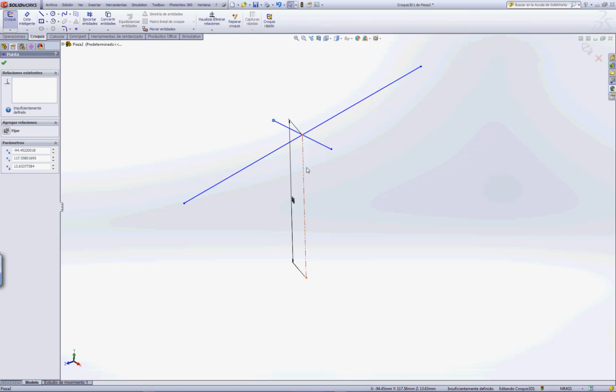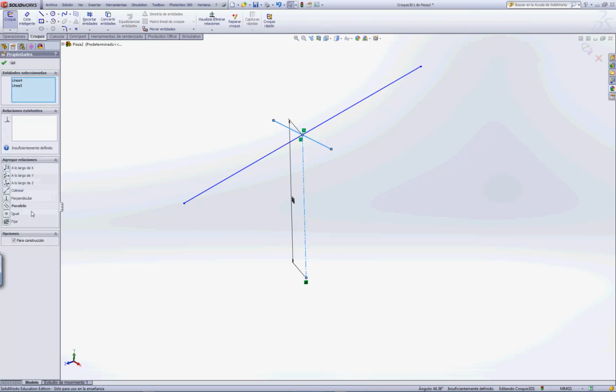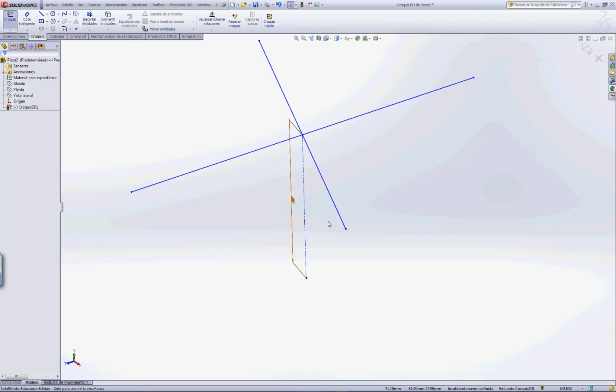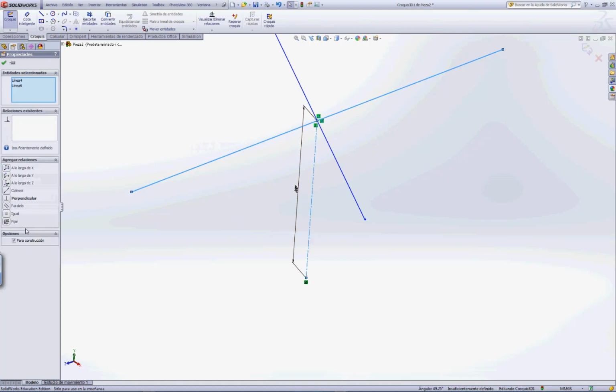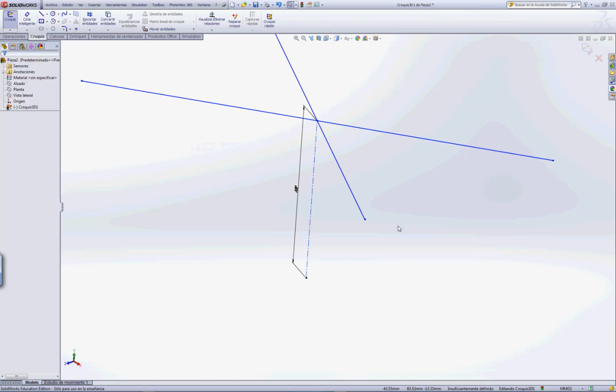So now we proceed to force the relation of perpendicularity between the radius of the sphere and each one of the lines defining the plane. I select the first one and the radius, and I set this relation of perpendicularity, and now I do exactly the same with the second line.